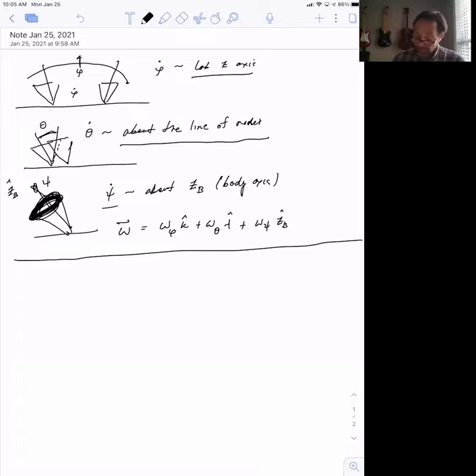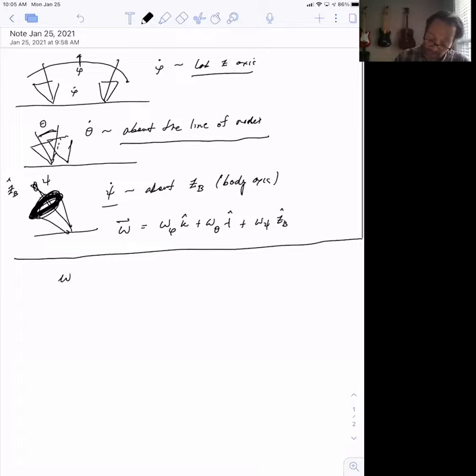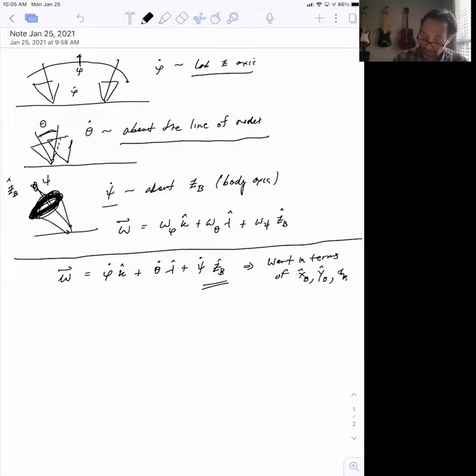And we start with the way we did it in class, which is omega, translating each of these, is phi dot k hat plus theta dot line of nodes hat plus psi dot, and then that's zb body. So this one, this body, we don't have to do. If we want this in terms of body axes, zb is already done. X body, y body, z body.